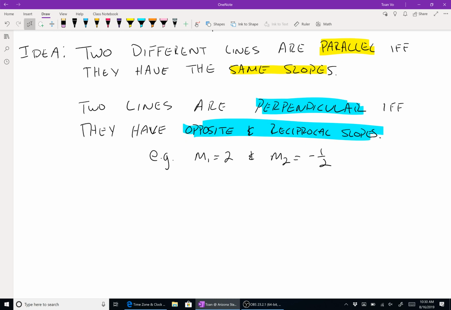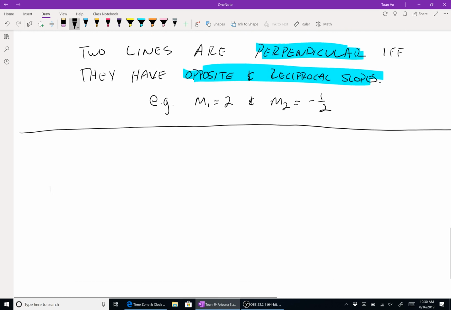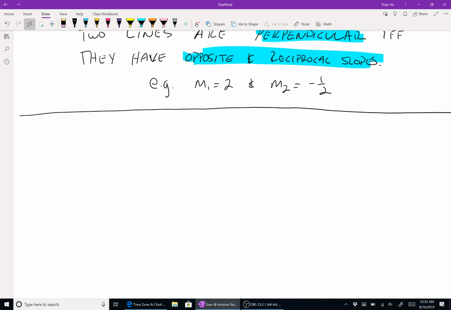So you're okay with the relationship between the slopes and parallel and perpendicular lines? All right. The last thing I want to do with you is vocabulary. If you hear the phrase average rate of change, it just means slope.